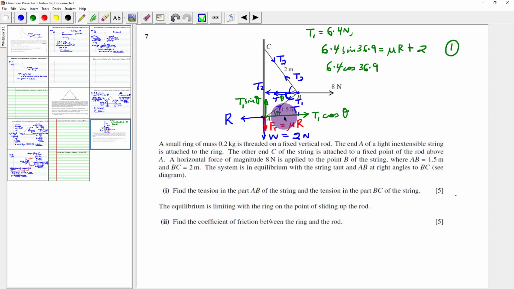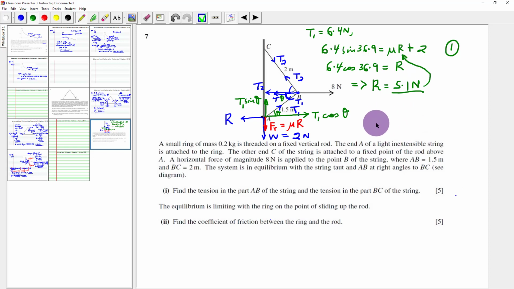This value, T1 cos theta, is equal to R. I need R because of the idea of putting it here. So we can work out R directly. This implies that R is equal to 5.1 newtons, just to one decimal place. So I can put that R in equation 1.